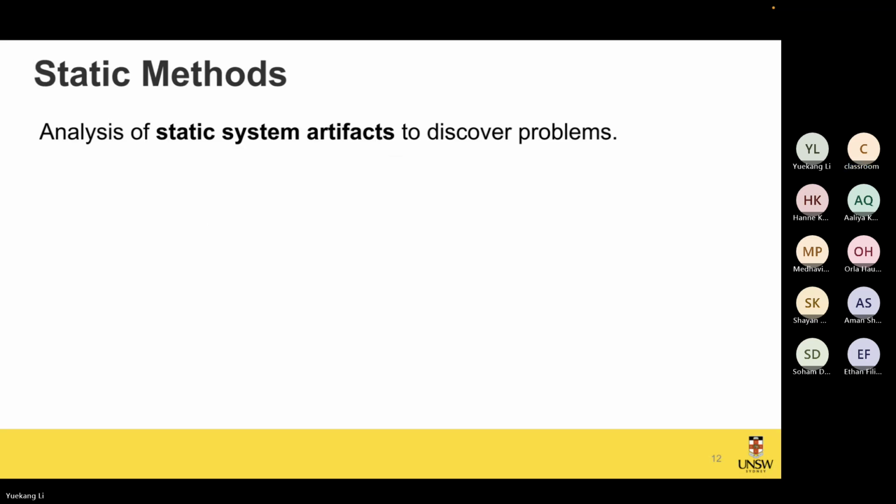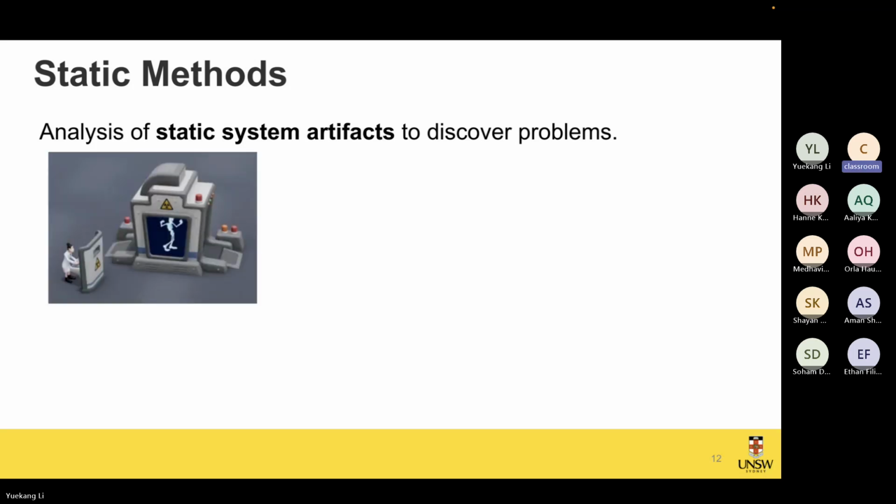So for static methods, it is to scan through the system to look for patterns, suspicious patterns for bugs. So it is similar to how we scan a patient for some disease, right?